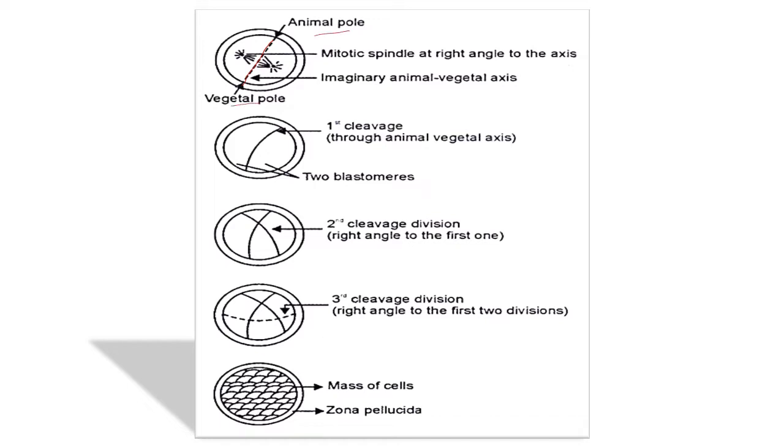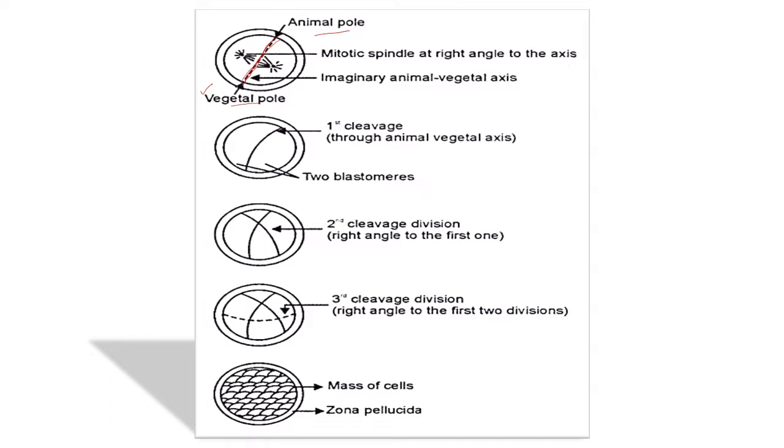The vegetal pole is the area with a little or negligible amount of yolk, or reserve food, present in the egg, and the nucleus area is called the animal pole. If you imagine an axis between the animal pole and vegetal pole, it appears like this, and the first cleavage division occurs along this animal-vegetal axis.